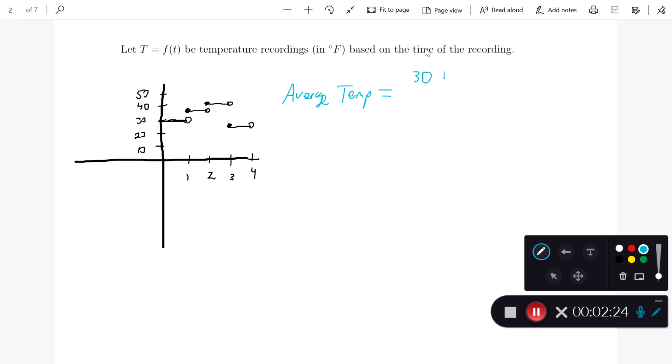So we had a temperature of 30, a temperature of 35, a temperature of 40, and a temperature of 25. And of course, if we're taking the average, we just need to add these up and divide by the total, which is 4. And in this case, it means that throughout this 4-hour time period, the average temperature was about 32.5.